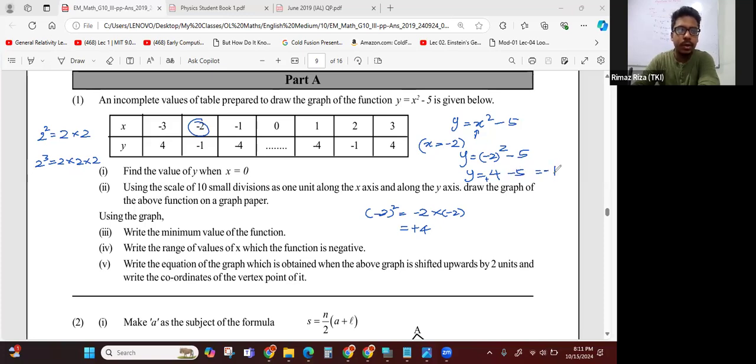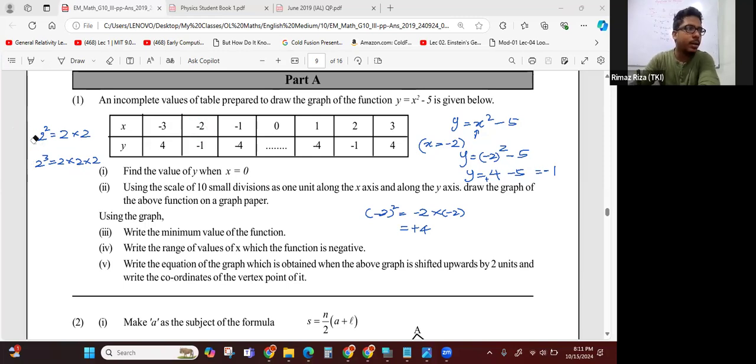So 4 minus 5 is -1. So when x equals -2, the corresponding y value is -1, right? That one we can obtain by substituting in the given function.